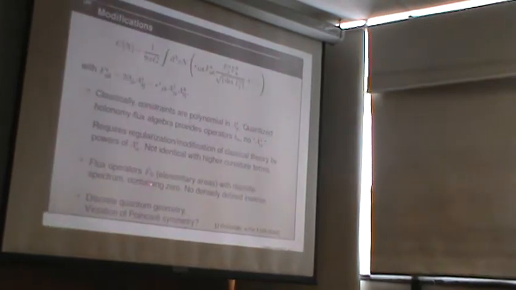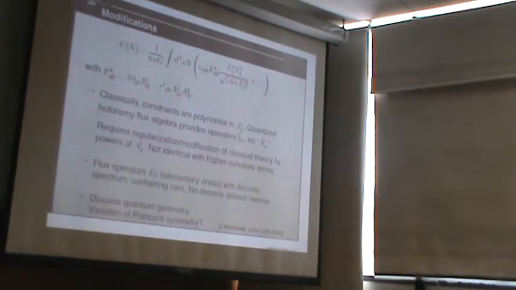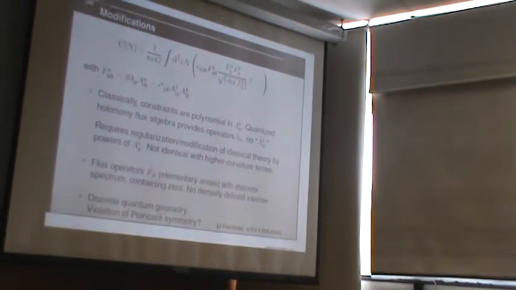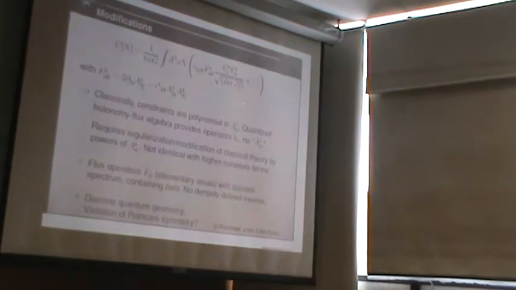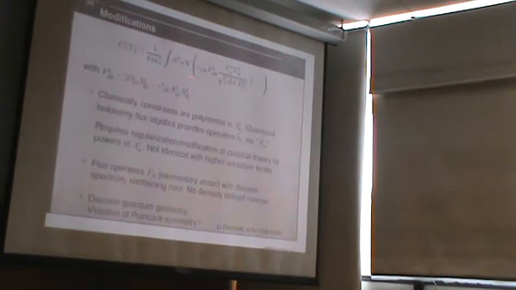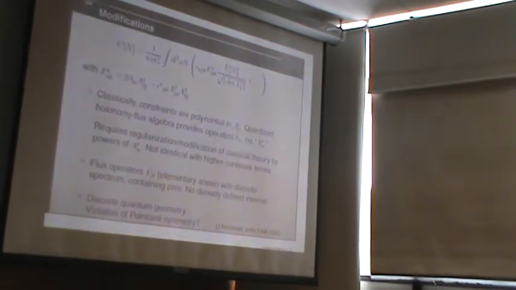And then something else here, which won't be so important, but is more like a regularization actually: we have to divide by a function of E, which certainly can be zero. And after quantization, we would have to use the flux operator for E, which has a discrete spectrum containing zero. So it does not have a densely defined inverse.